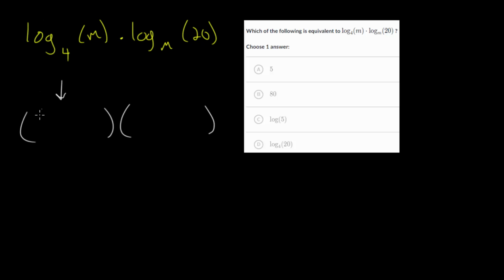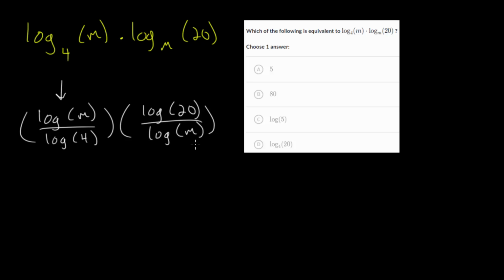And for this first one, we'll use the common log again, since that's what they use in one of the answer choices at least. So we have log base 10 of m divided by the common log of 4. And for this other one, we have the common log of 20. So the top number goes in the top logarithm, and the base goes in the bottom logarithm.